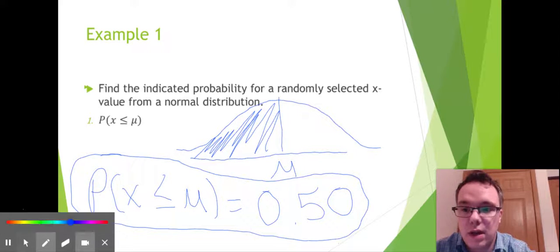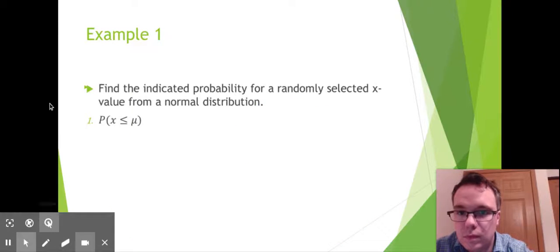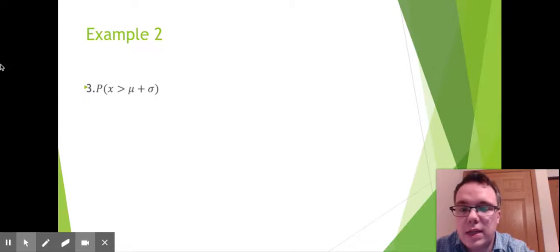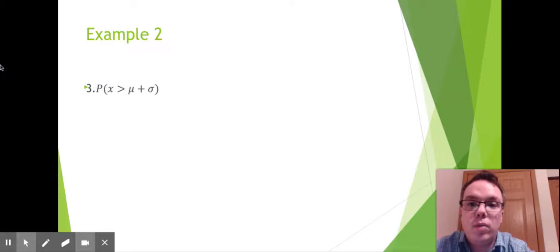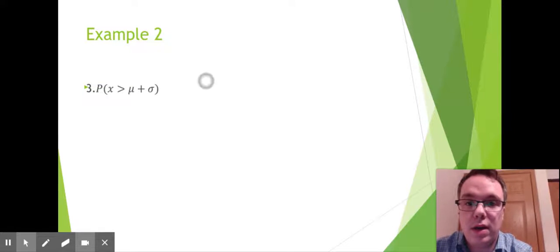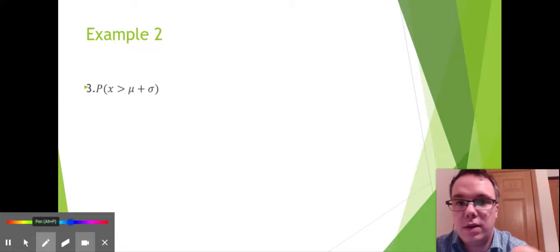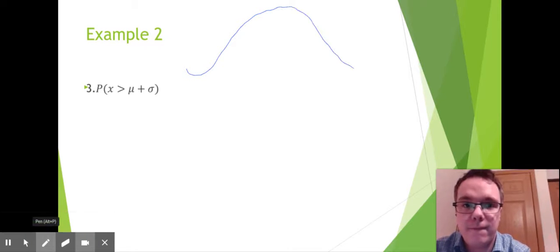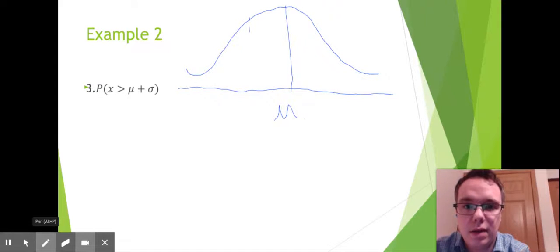Right. I have one more example for you. All right, so our last example is we want to know the probability that any data point is bigger than one standard deviation above the mean. So if we draw our normal curve, remember our mean is in the middle.